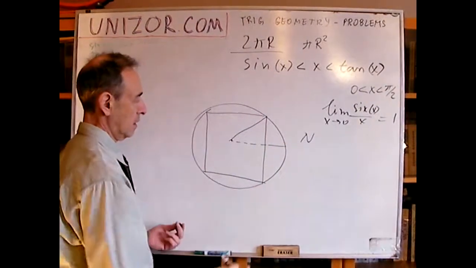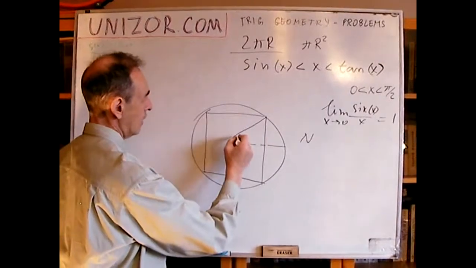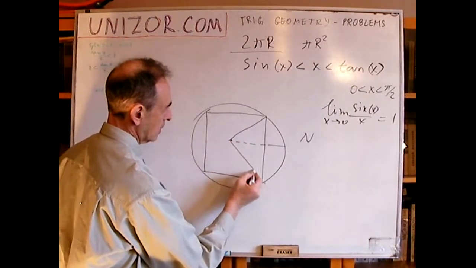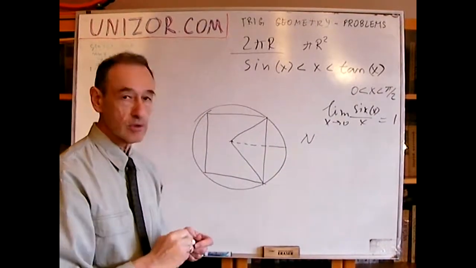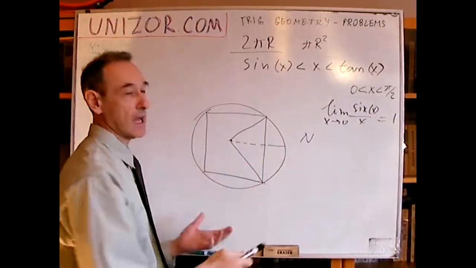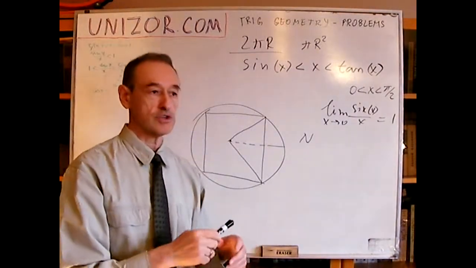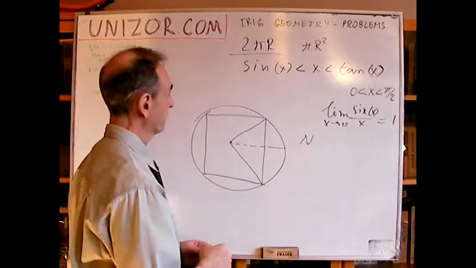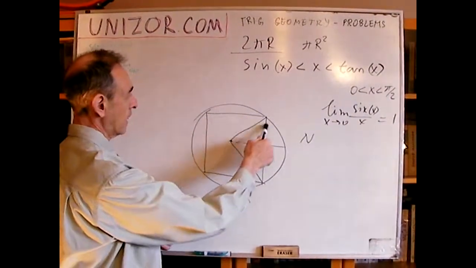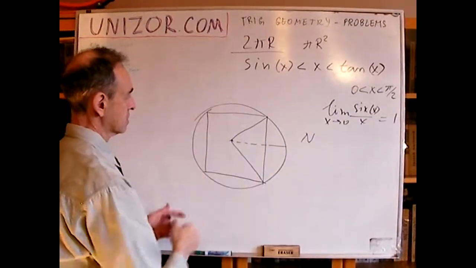Now on this particular drawing, n is equal to 4. Let's consider this to be a regular polygon with n sides inscribed into a circle. Now, a regular polygon is the one which has all the sides equal and all the angles equal. So in this case, all the angles are 90 degrees and all the sides are equal because it's a square.